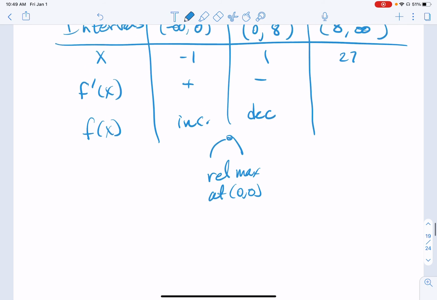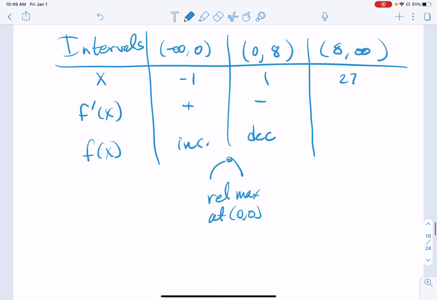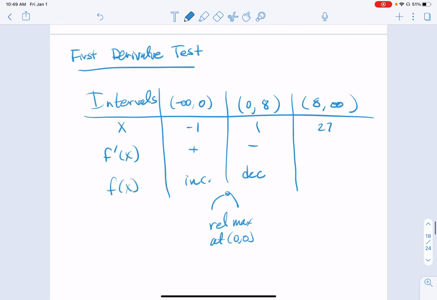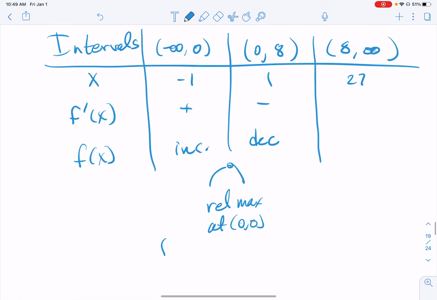If you're going to justify this on the calculus exam free response section, remember you would say something along the lines of, since f prime changes from positive to negative. Yeah, that's sufficient.